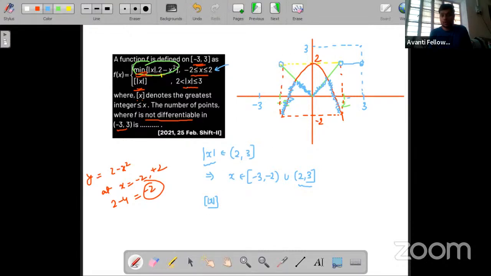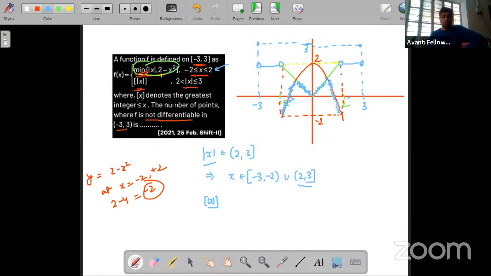So here again open circle, because -2 is not taken, and till -3 open the value will be 2, and at x is equal to -3, what is the modulus? 3. What is the GIF then? 3. Okay, so this is the complete graph. So the blue graph is my complete graph of this function f(x).